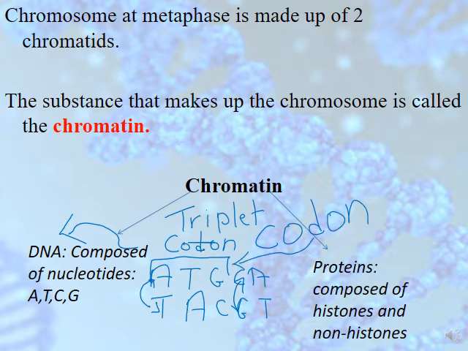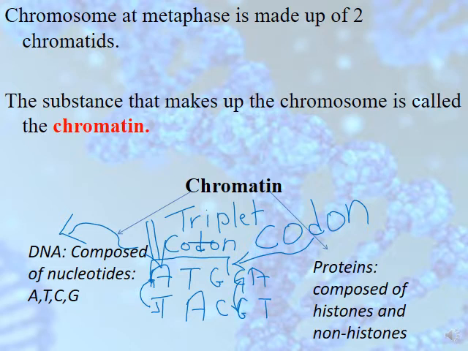So for example, if I asked you where's the first codon? This is the first codon, A, T, and G. Together they form the first codon. If I asked you for the first nucleotide, it's the A here. So you have to pay attention to this.